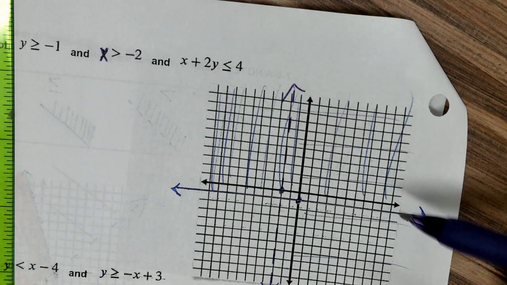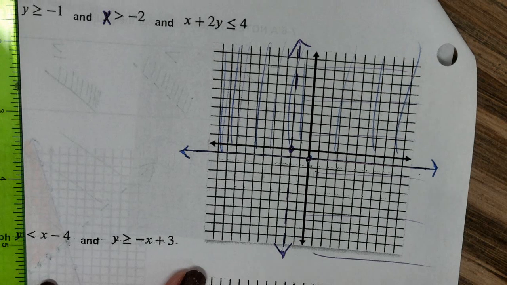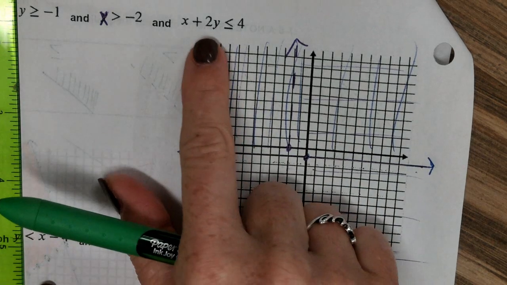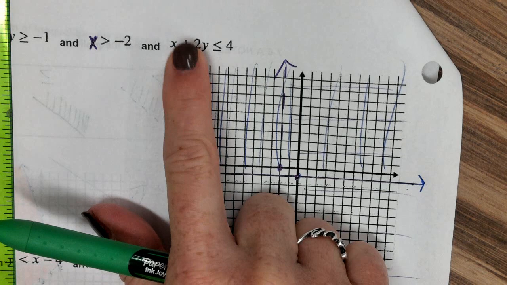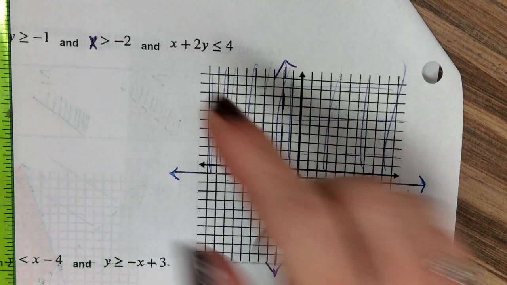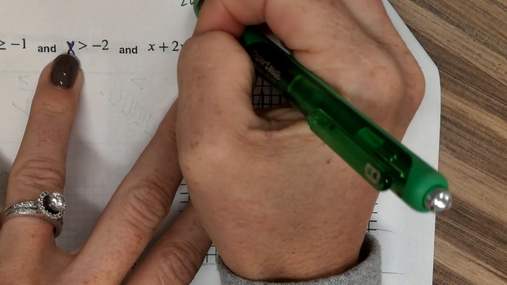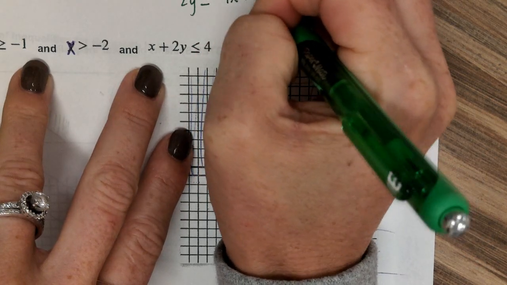So far, the only thing that satisfies both is over here in this area, yes? Okay, now we have to do this last one. Is this inequality set up for me to graph? No. What do I need to do? Rearrange. So I have 2y is less than or equal to -1x plus 4.